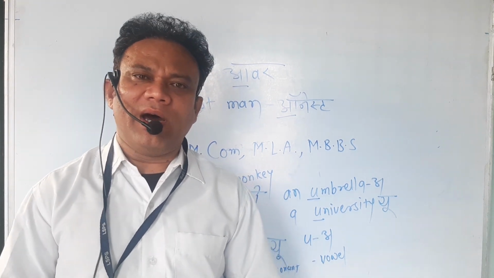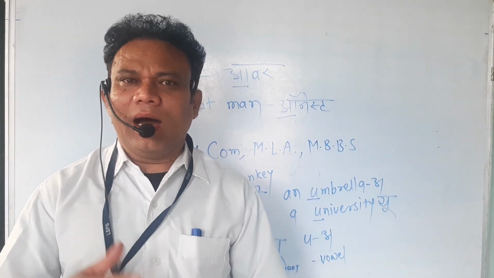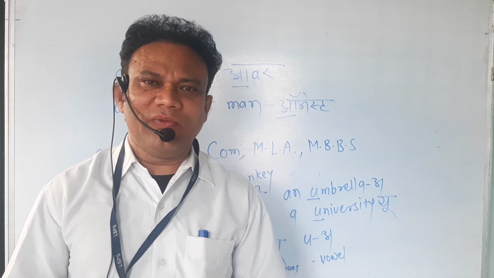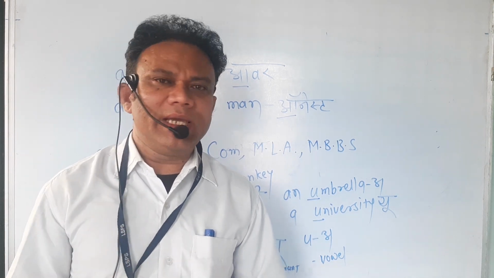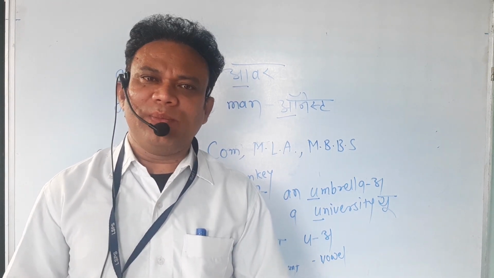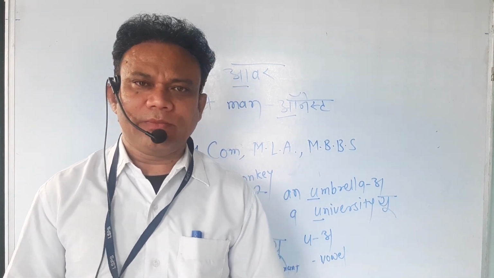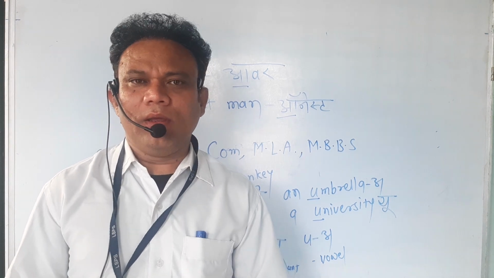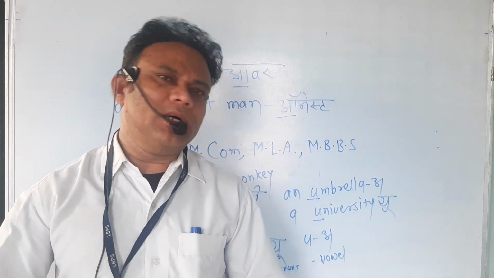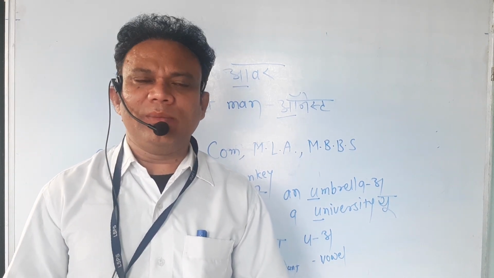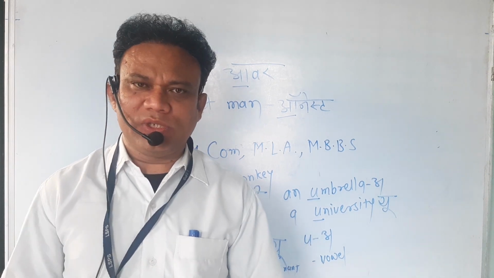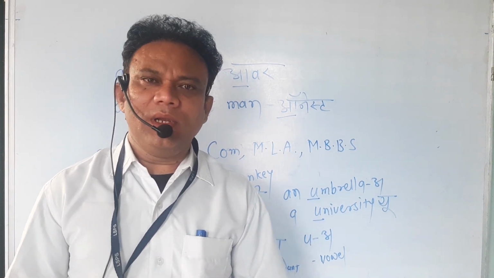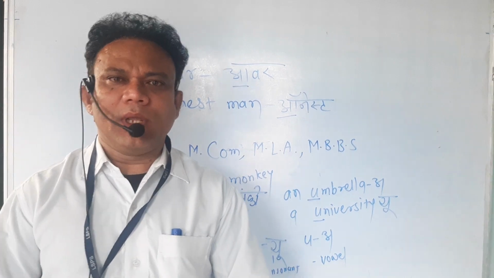One more rule is that the article the is used before the names of musical instruments. For example, the flute, the tabla, the piano. Then the article the we have to use before the names of religious books. For example, the Bible.